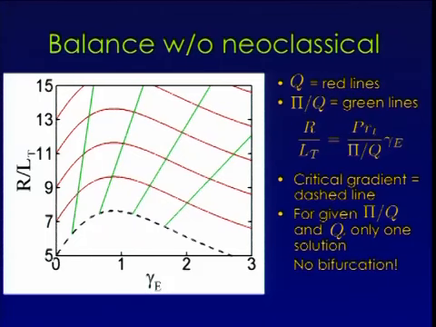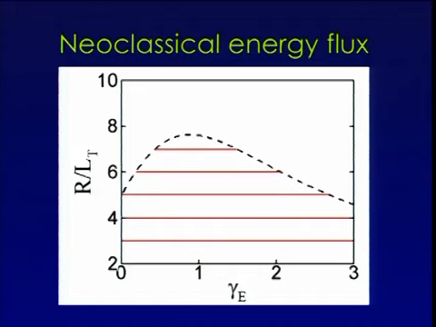If you put zero magnetic shear, these lines get very peaked. So the Q constant lines are very peaked now, instead of having this smooth form, and the same with the critical gradient. But again, it comes back to the Q, so it still has the same shape.